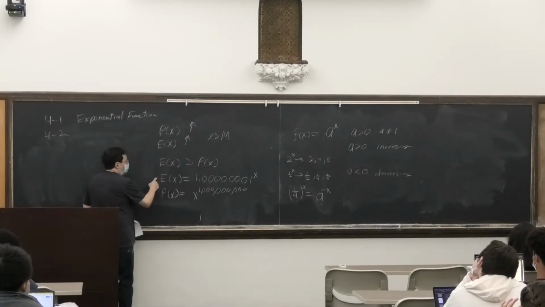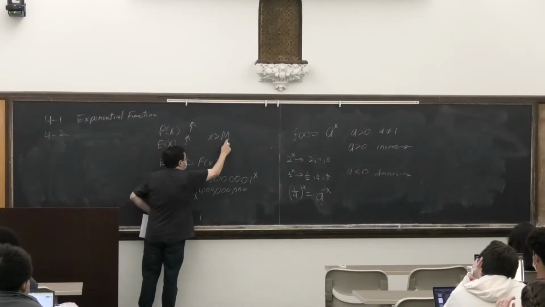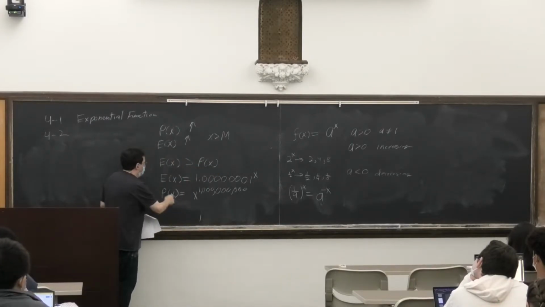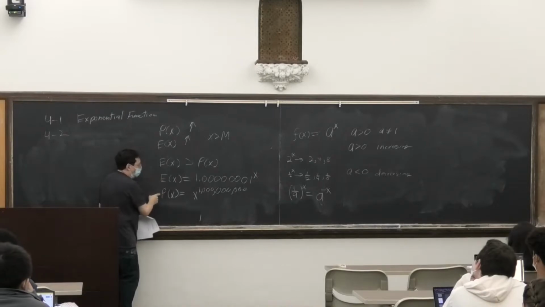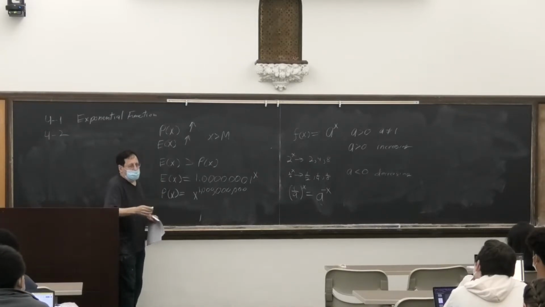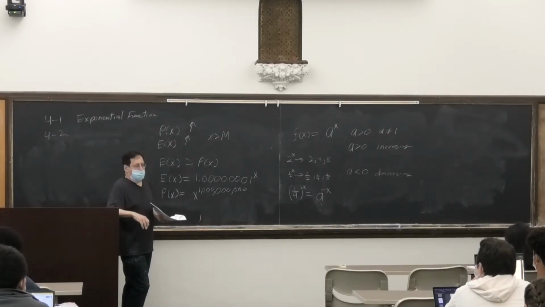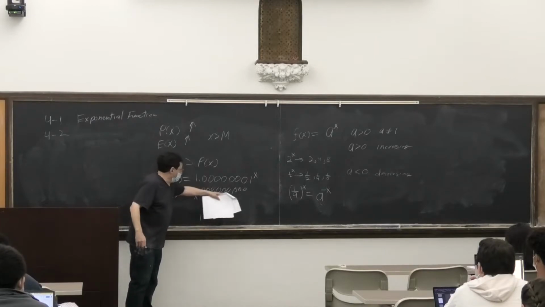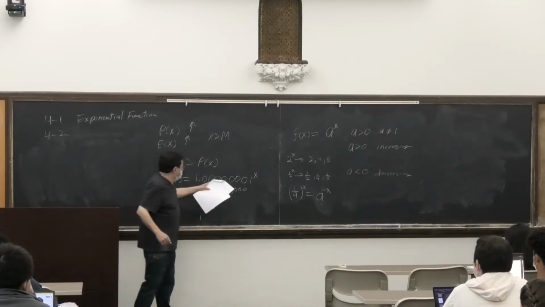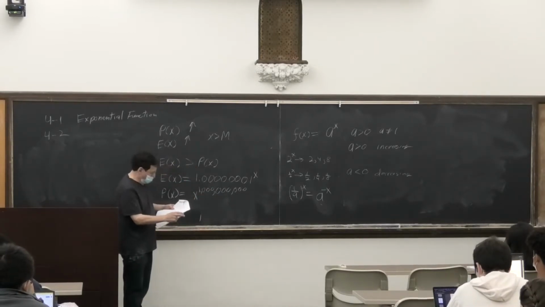But this function, eventually, there's some m, where if we get out to m, from then on, this function is always going to be greater. Exponential functions are relentless. They overtake every single polynomial function. You put in more zeros here, it doesn't matter. You put in more zeros here, it doesn't matter.